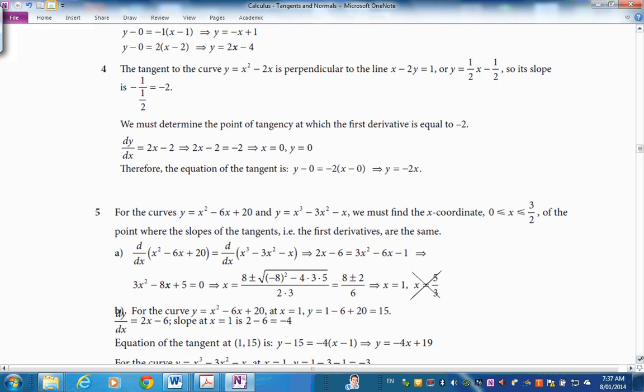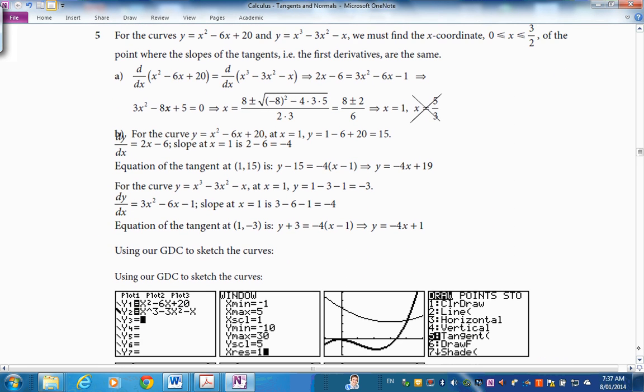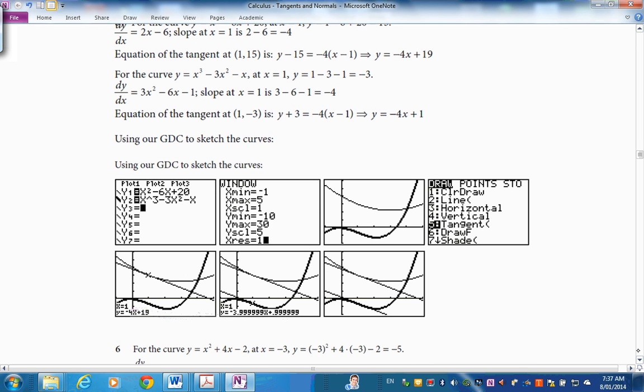Okay, let's go to 5. 5 and some calculator work down the bottom there. The rest of that, showing the tangents.